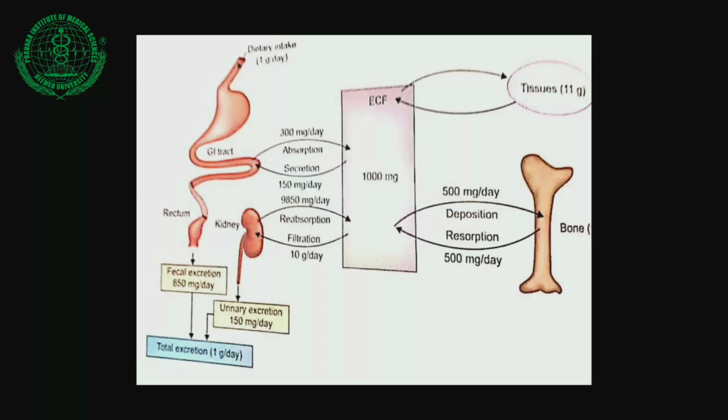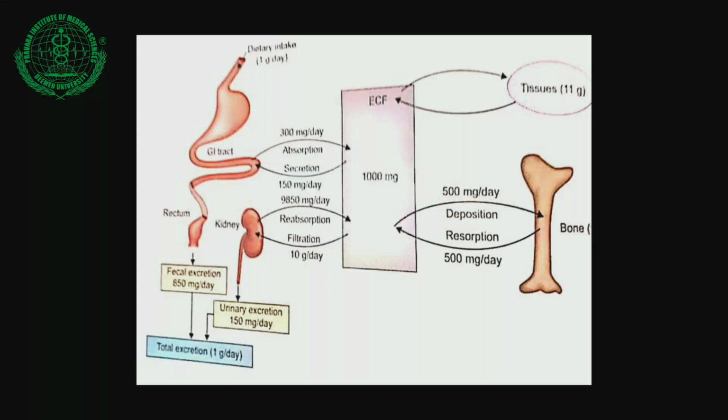When daily intake is 1 gram of calcium, as the diagram illustrates, 300 milligrams is absorbed in the GI tract. About 700 milligrams is excreted in the form of fecal matter, but about 150 milligrams of calcium is secreted in the intestine, so 850 milligrams is excreted daily in the stools.